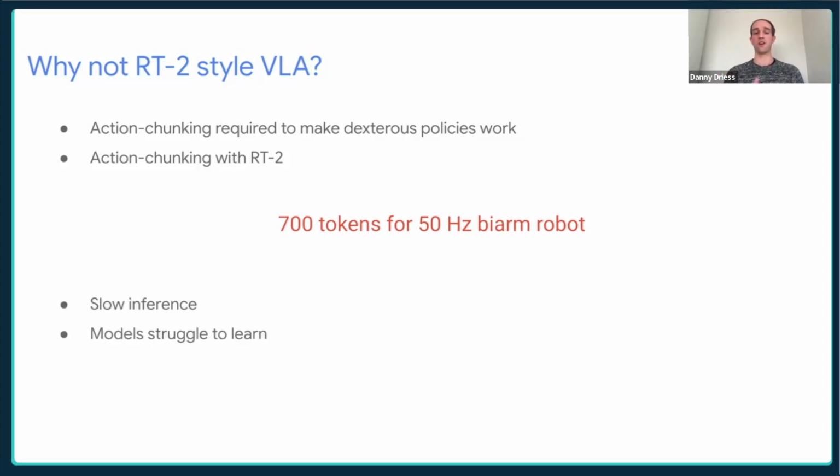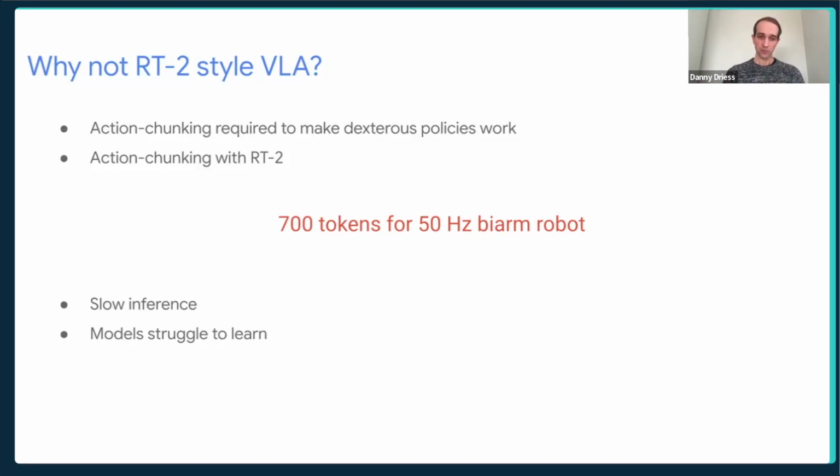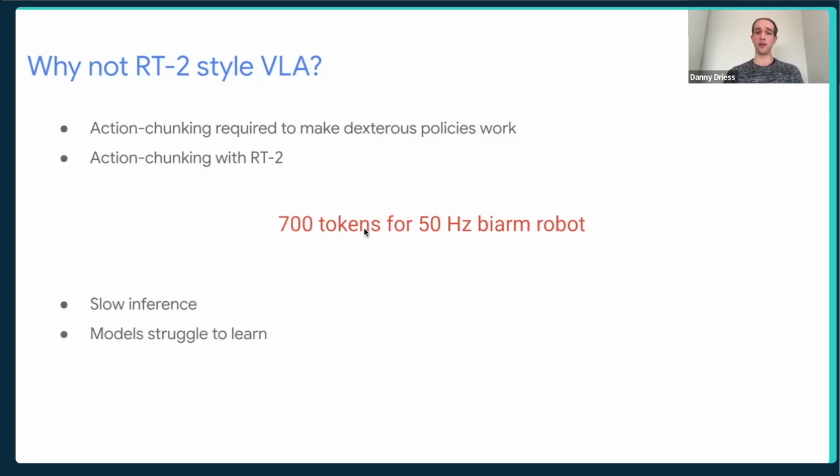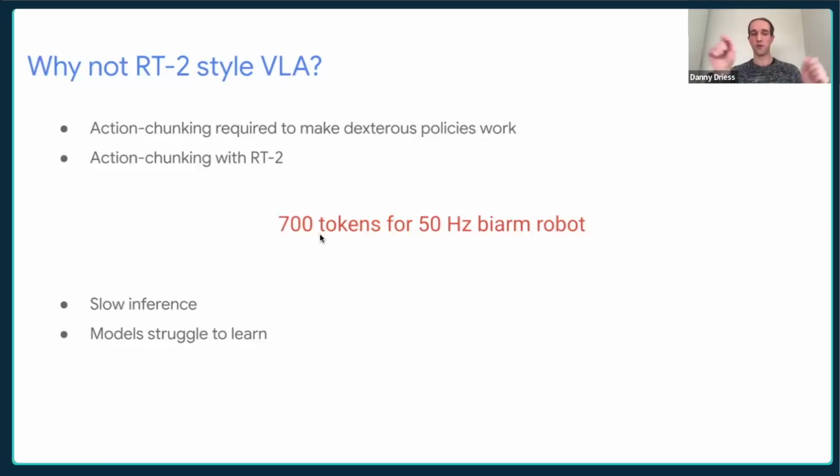This is not only very slow at inference time, especially with a multi-billion parameter model that you now have to decode autoregressively for 700 tokens, but we also had a really hard time trying to learn these models. If you do this naive tokenization scheme for action chunking, the models just didn't want to learn.